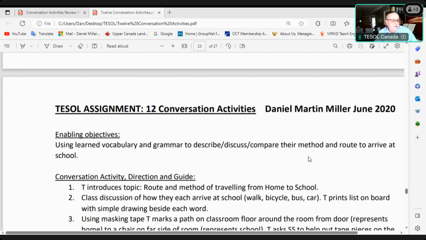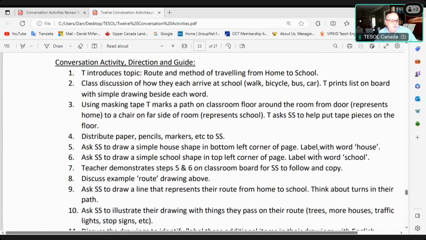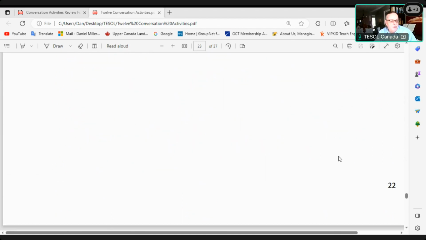And then they can actually draw with markers or crayons on paper. They could draw their route on their way to school, and illustrate their drawings with trees and more houses, traffic lights, and other things that they would find on the streets on the way to school.